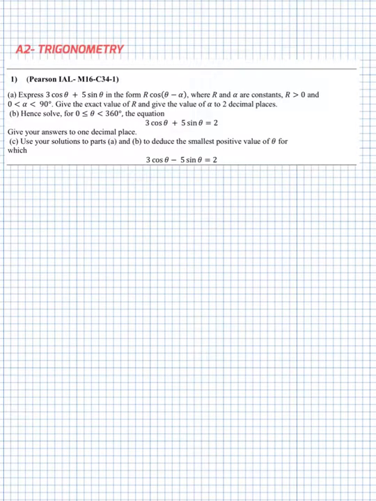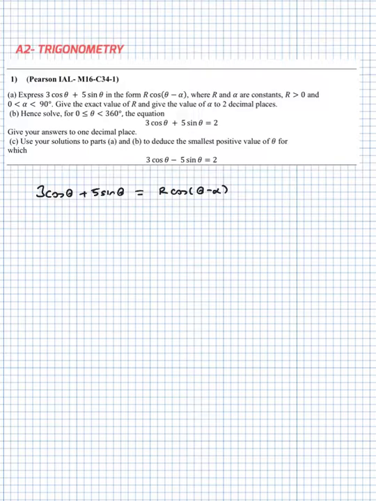Okay guys, we have a trigonometry question here, and we are asked to express 3 cos theta plus 5 sin theta in the form of r cosine (theta minus alpha). So if I write 3 cos theta plus 5 sin theta is equal to r cosine (theta minus alpha).